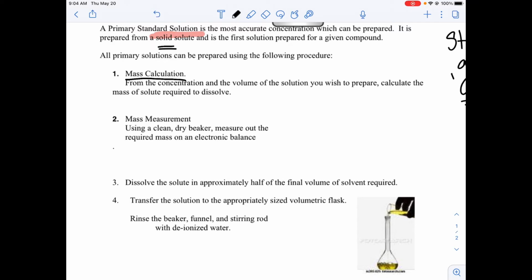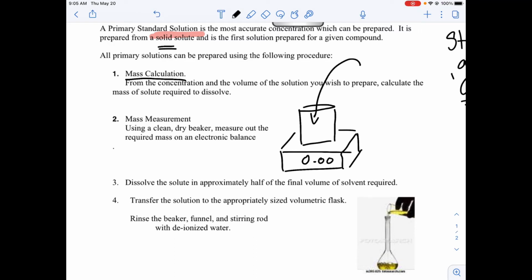When I am measuring the mass, I'm going to measure it in a beaker on the scale, and I'm going to zero the scale when I have the beaker on it. Then I'm going to put the solute in until it gets to the measured amount of mass that I want.